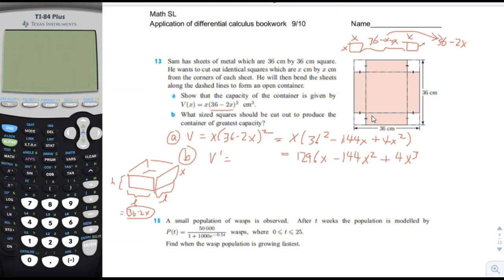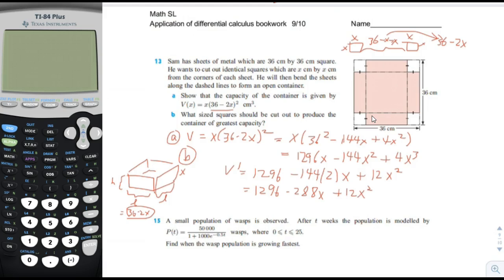And now I can take the derivative of that. Okay, so what I just did there was I just multiplied out V. So now V dash would be 1296 minus 144 times 2 times x, and 12x squared. So this is going to be 1296 minus 288x plus 12x squared.